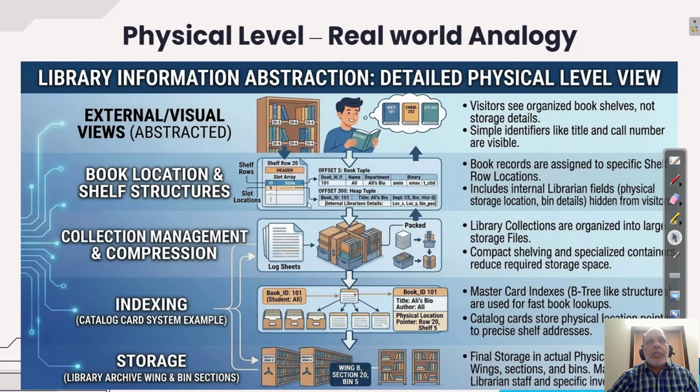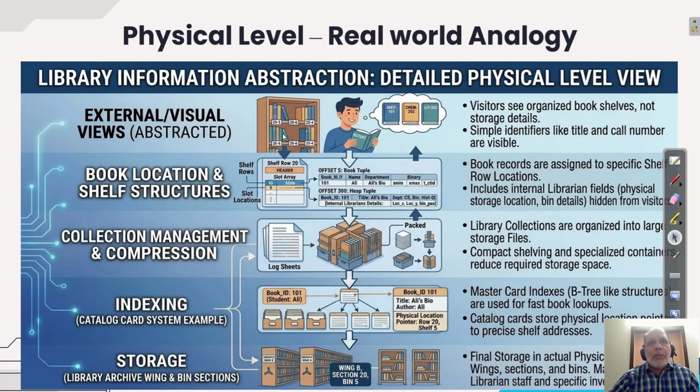Real world analogy of the physical level. For example, you have gone to the library. Here you can see the books, and only titles and some numbers are there. You have seen this, but what is happening below? The librarian is maintaining the shelf structure.